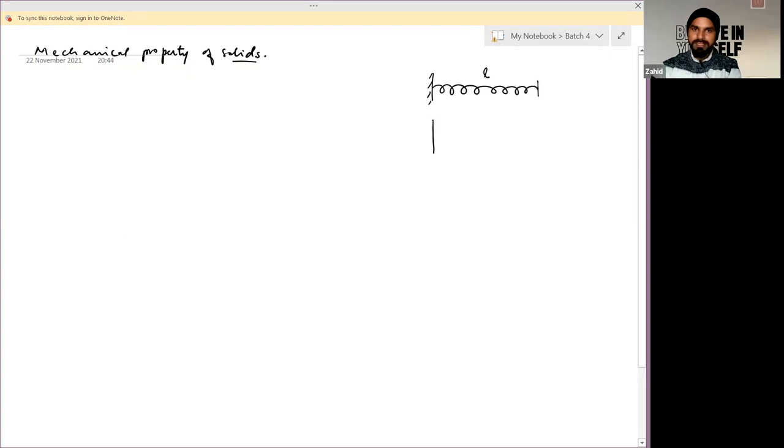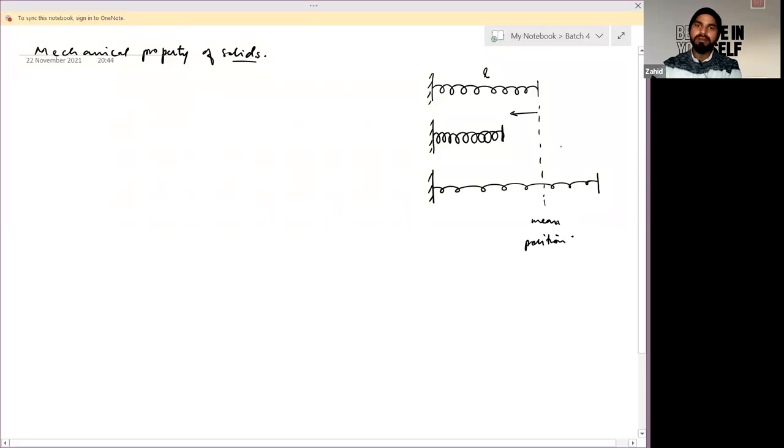Now, if you compress it to this part, or if you extend or stretch it to this part, from this actual position, which is termed the mean position.